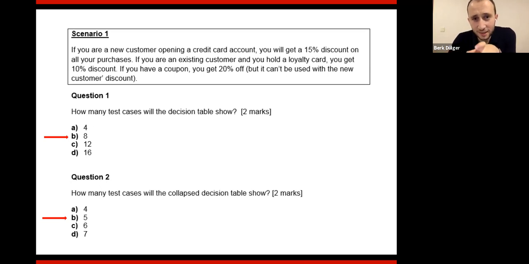It says coupon can't be used with new customer discount, but it doesn't say it can't be used with existing. So it cannot be used with loyalty card discount. You are able to use it. So 30% discount is there. Okay. Thank you.